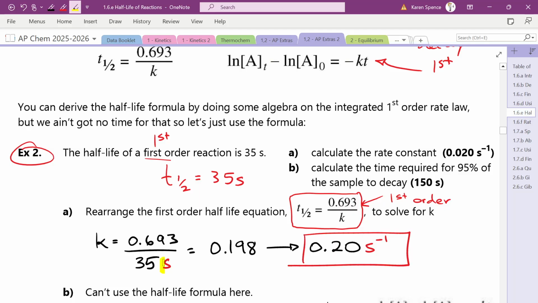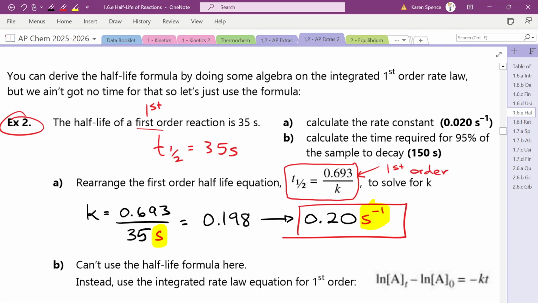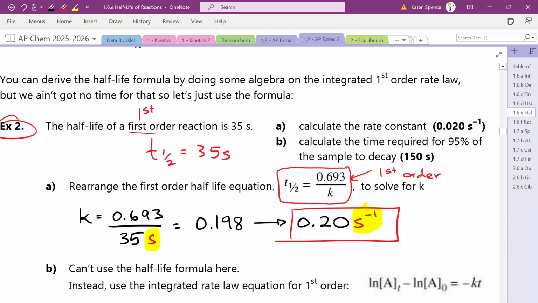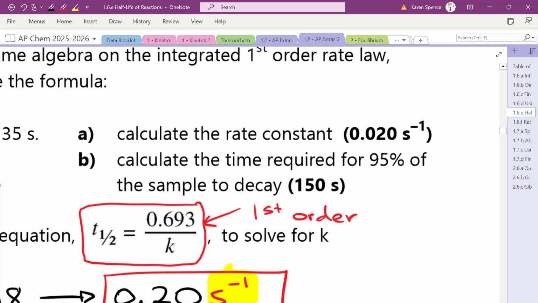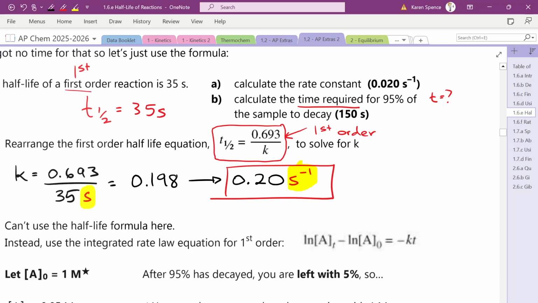Did you in your work put your seconds down there? Good, because that tells you that your unit is seconds to the -1. Now, our next thing is to calculate the time required. For part A, should sig figs be 3 or 2?